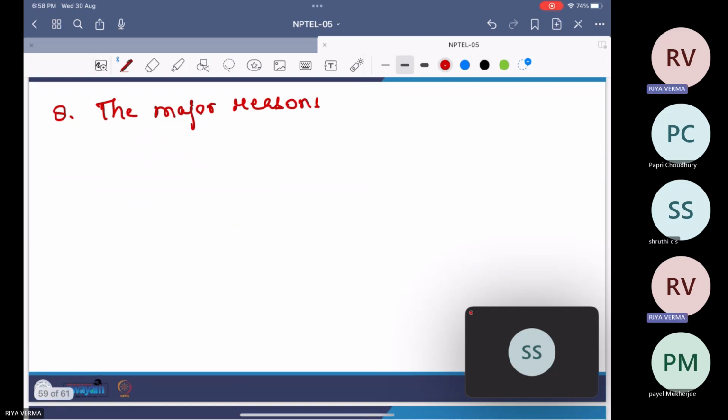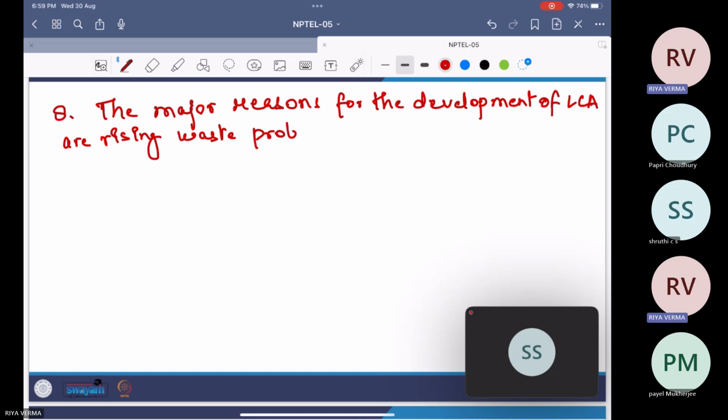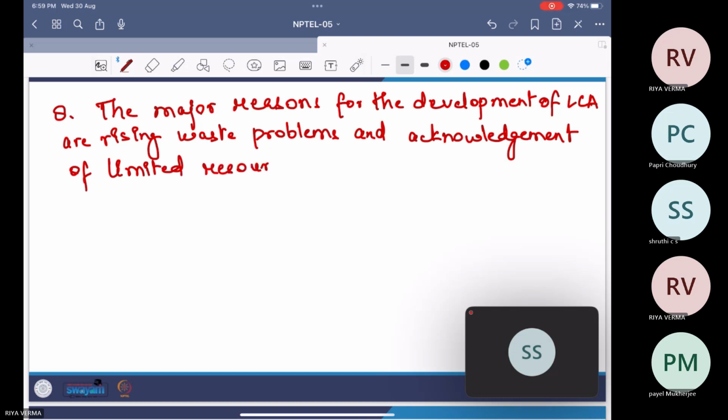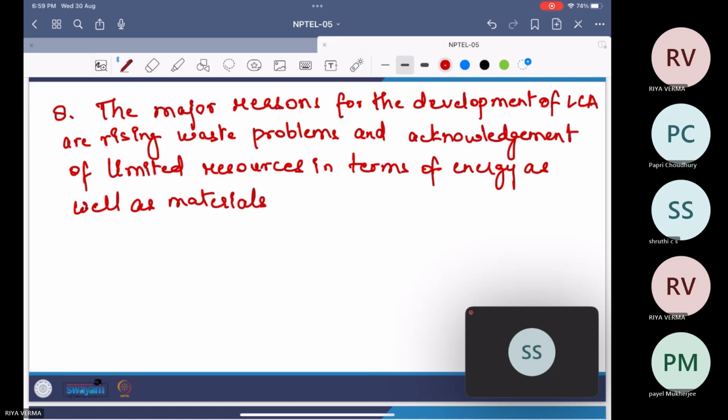Okay, ma'am. So for the eighth question, we have: the major reasons for the development of LCA are rising waste problems and acknowledgement of limited resources in terms of energy as well as materials.